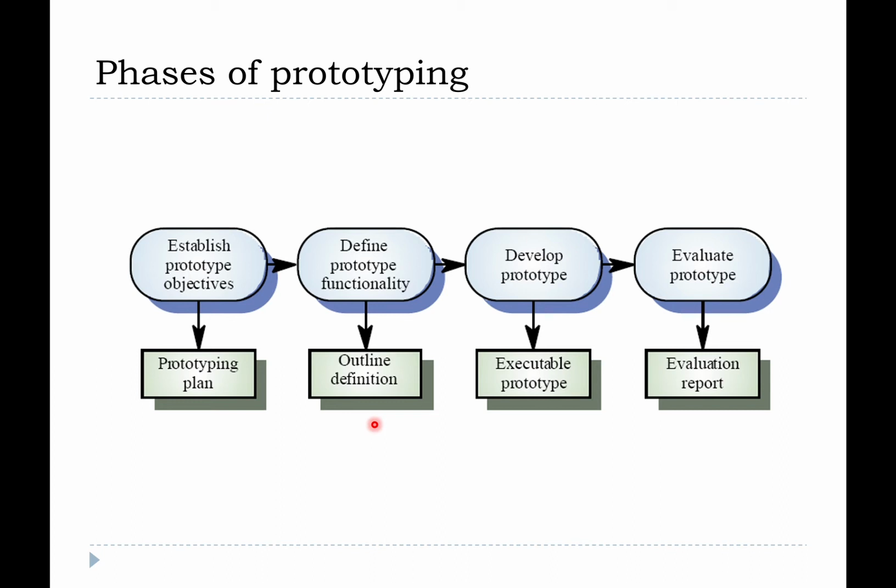Then, when we outline the different functionalities, we develop the prototype for it, perhaps even an executable prototype. And then finally, we evaluate it with input from the customer, the designers, and any stakeholders that are involved, and we get a report about the fitness of our prototype.